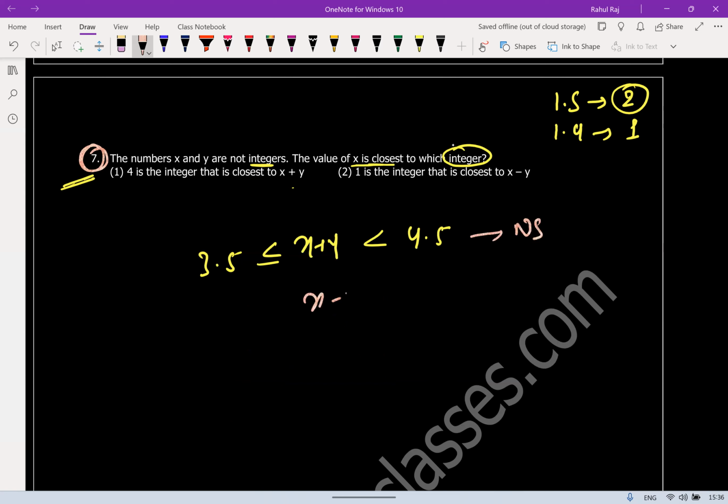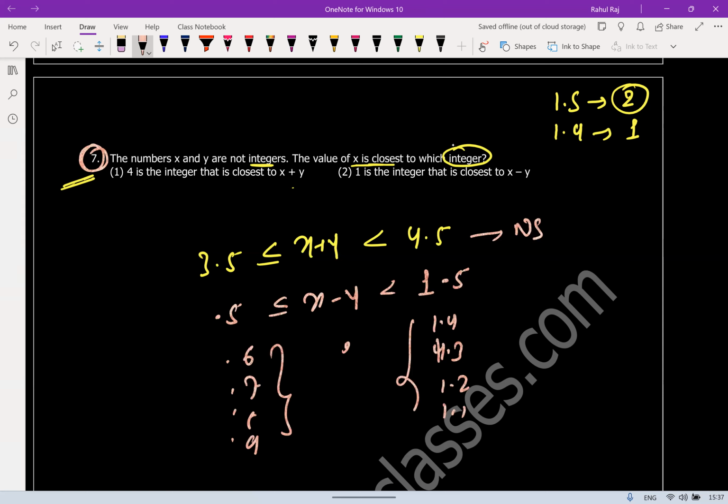So in the same way, x minus y lies between 0.5 and 1.5, because x minus y can be 0.6, 0.7, 0.8, 0.9, or 1.4, 1.3, 1.2, 1.1. These are all close to 1. Simple, straightforward logic. But again, my question is x is close to which integer? And it is given that x minus y is close to 1. So this is not sufficient.